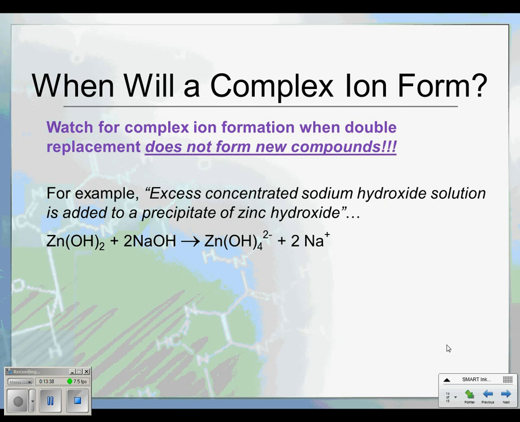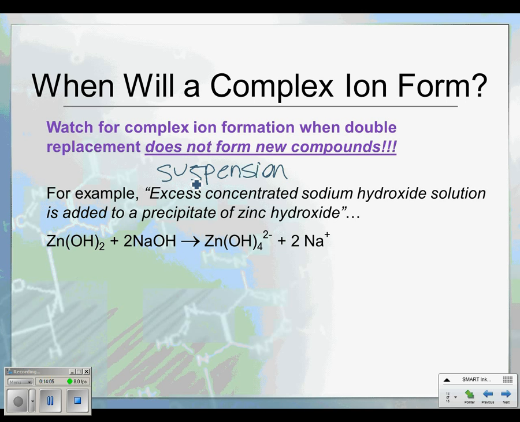So for example, we've got this excess concentrated sodium hydroxide solution is added to a precipitate of zinc hydroxide. Another word you'll see instead of precipitate is suspension. And that'll just signify the fact that you've had a precipitate or it's in suspension.